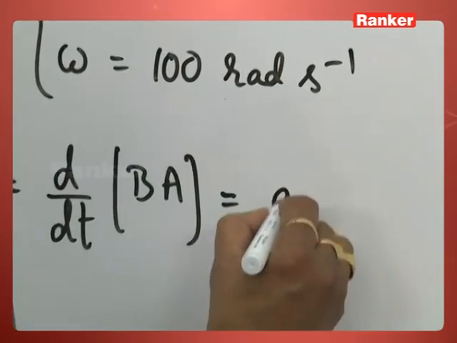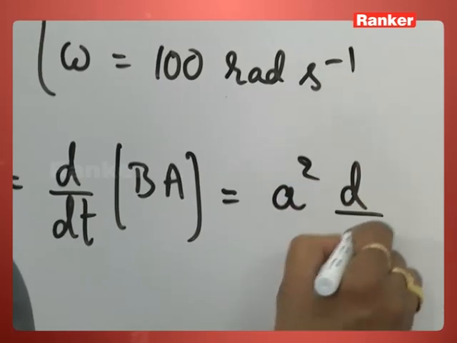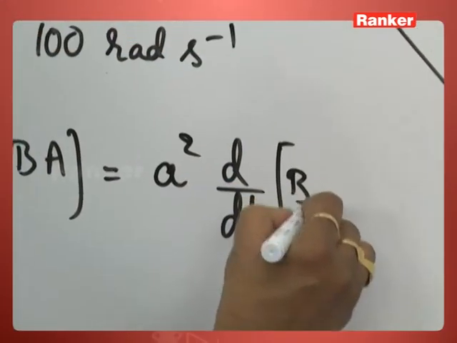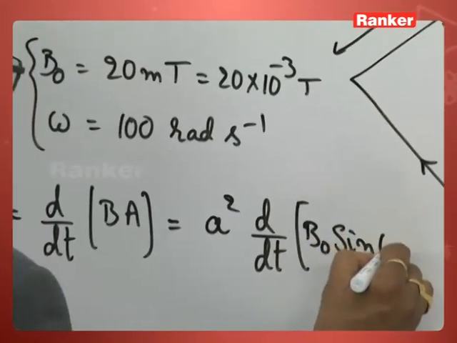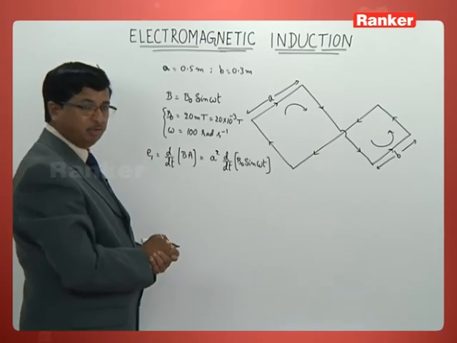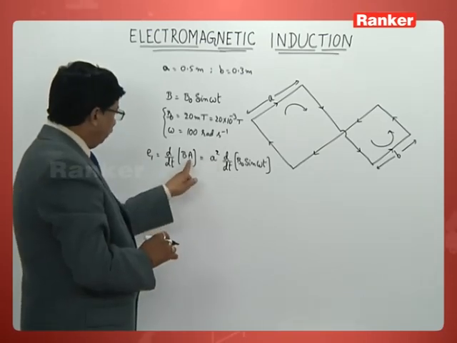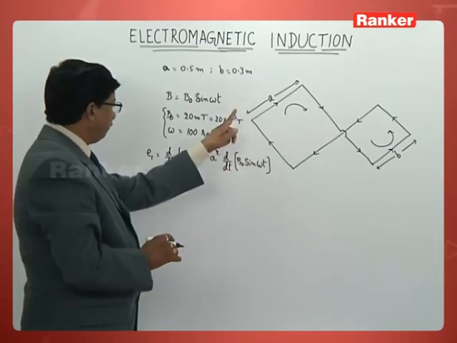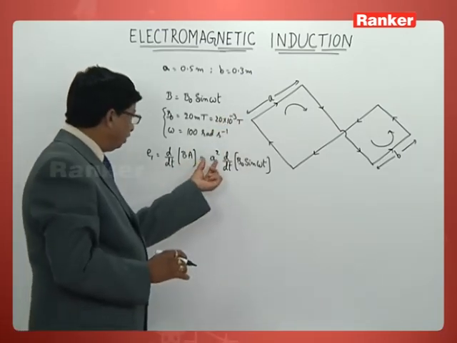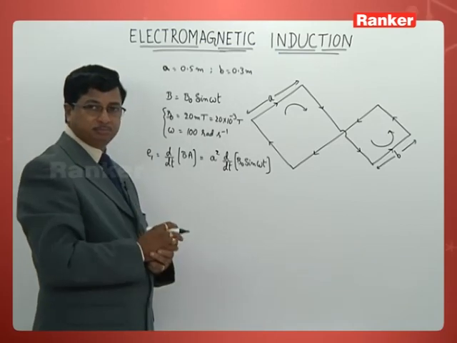So we can write A square into d by dt of B naught sin omega t. That is the equation. What for I have taken A square, you can understand it is the first square I am talking about. Its side length is given as A, then automatically area becomes A square.